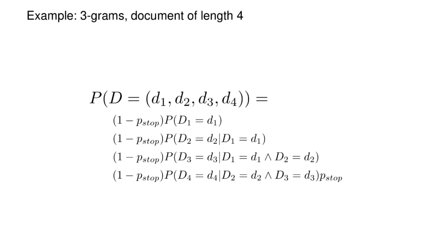So we had this huge formula originally, but then we made a few assumptions. And this formula that you see right here has a few assumptions. One assumption is that the probability of having 1 more word is always the same, whatever the length we already have. That's 1 minus p stop, right? So we have a probability of p stop of stopping and a probability of 1 minus p stop of not stopping, right?